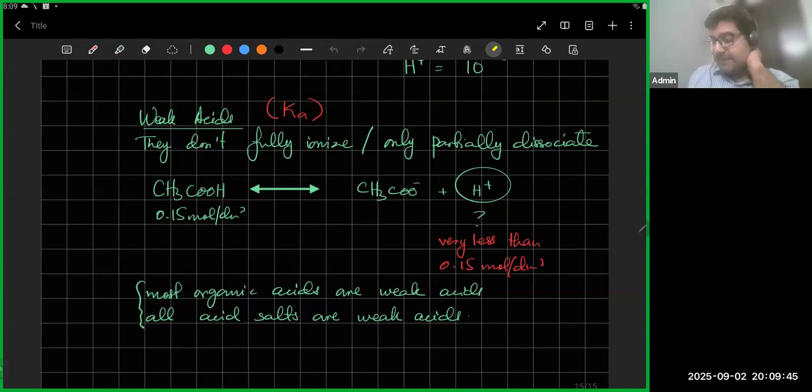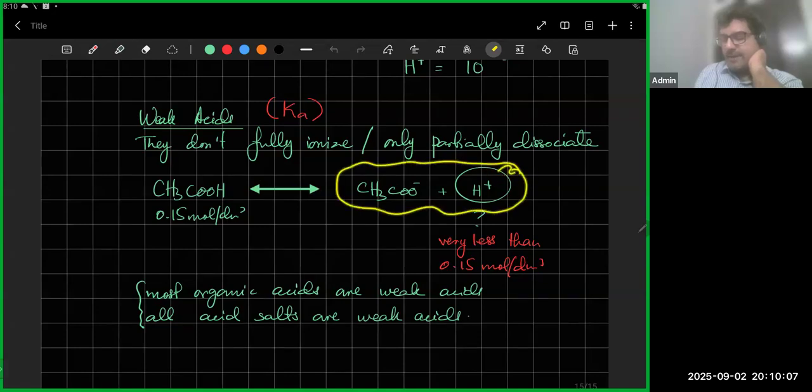And if you don't know what the H+ concentration is, you can't figure out the pH, which is the negative log of H+ concentration. But what you can do is, all weak acid dissociation is an equilibrium reaction. And since it's an equilibrium reaction, it will have an equilibrium constant, which is product concentration divided by reactant concentration.